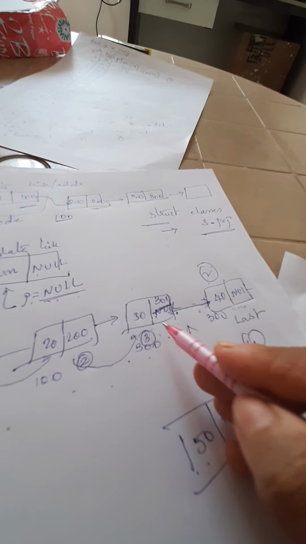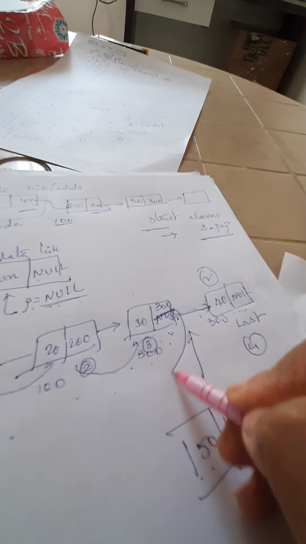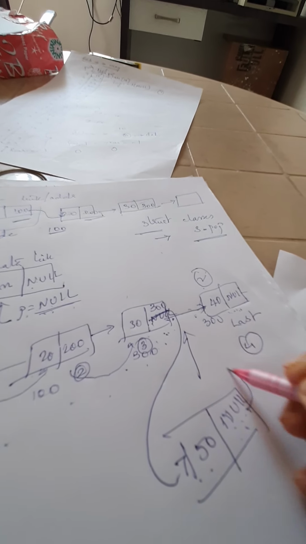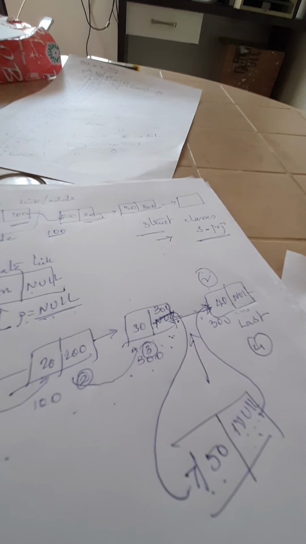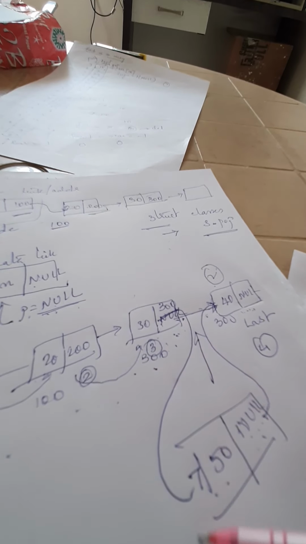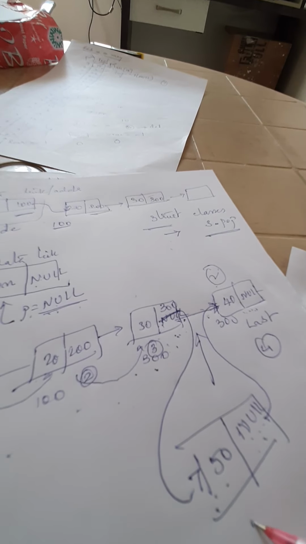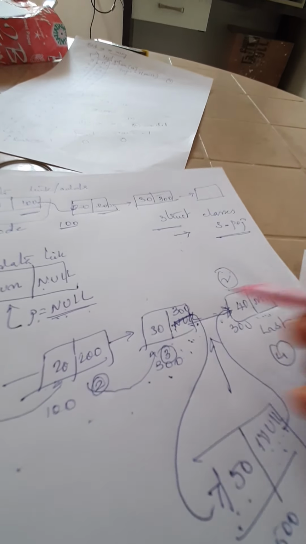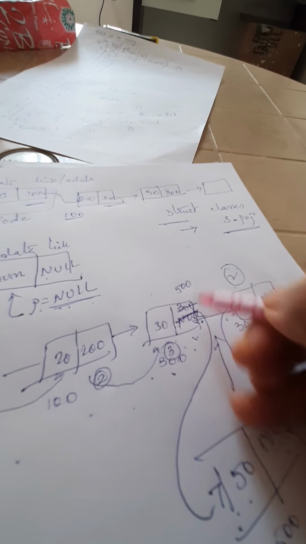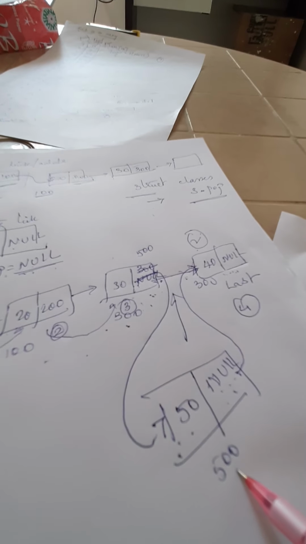So what you have to do is, this 300 should point to this particular node, and this node should point to this particular node. So what is happening? After 3, it should be linked to the new node, that is, the address of the new node is 500. So here instead of 300, you will have 500, so it will have a connectivity to the new node.